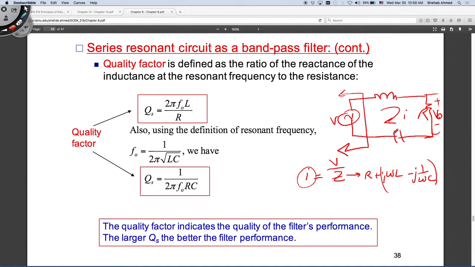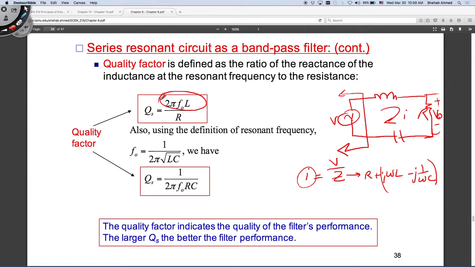So we would like the inductive impedance, right? What happens to inductive impedance at resonance? It equals the capacitive impedance, and they both disappear. At non-resonant frequencies, we want it to be as large as possible, right?